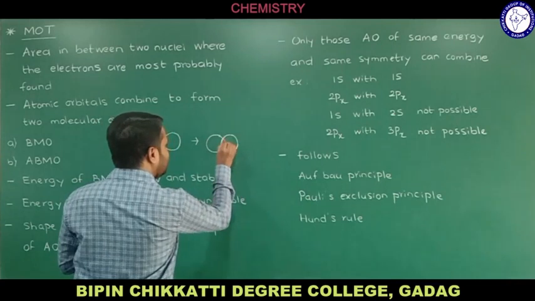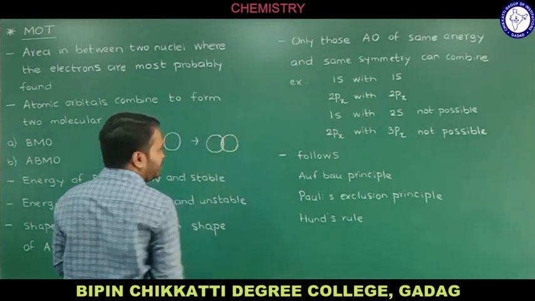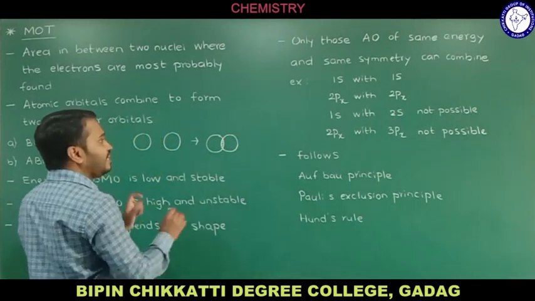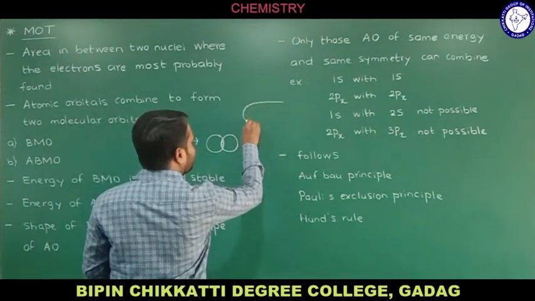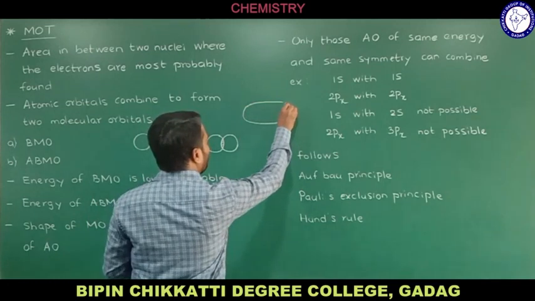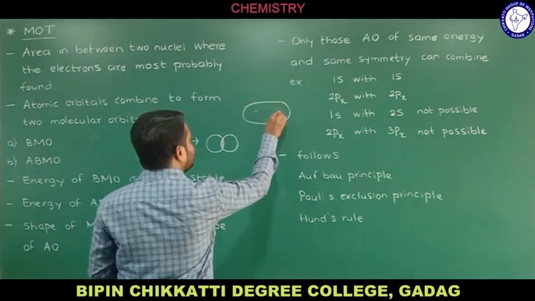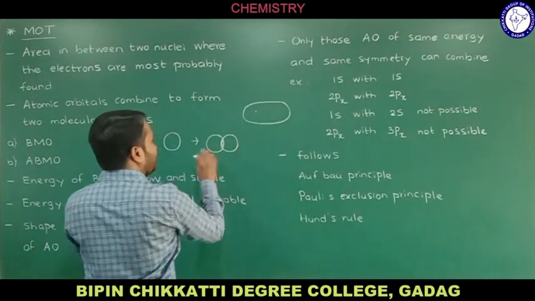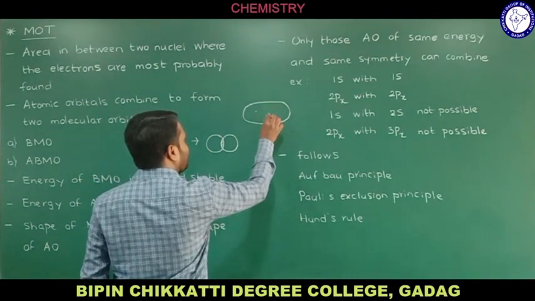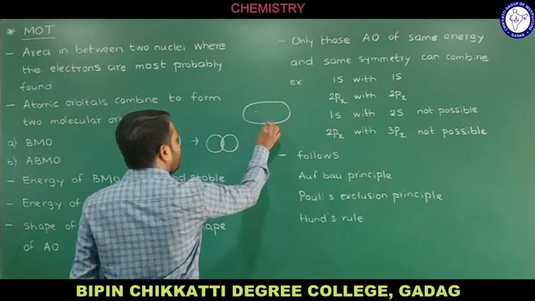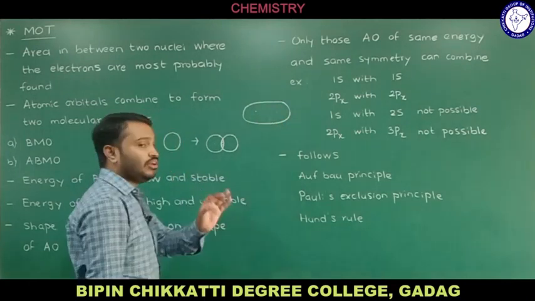This is the region of overlapping, and after this we get a molecular orbital, which I am going to represent here. This is the molecular orbital formed from that. This is the center of these two, just imagine, and here there is a region where the probability of finding the electron will be more, and that is termed a molecular orbital.